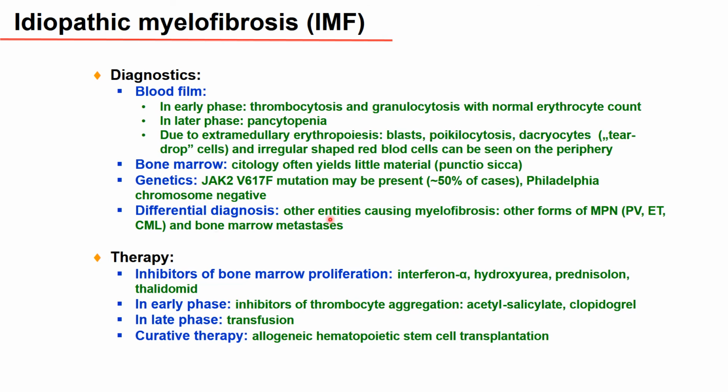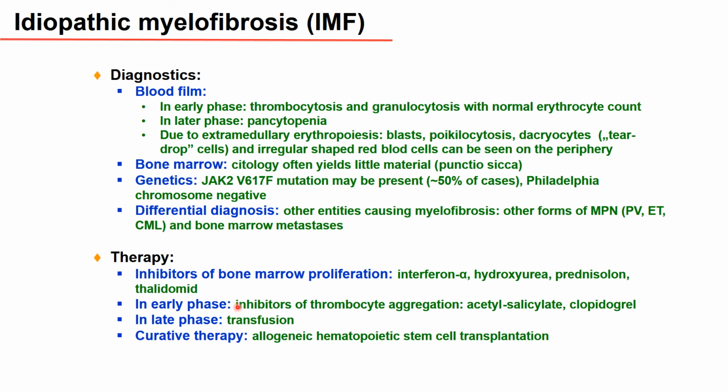And the differential diagnosis is very similar to the previous one. Polycythemia, essential thrombocytosis, and CML could be differentiated from this one. And for therapy, usually what they're using first are the inhibitors of megakaryocyte or platelet formation. This is hydroxyurea or prednisolone, steroids, or interferon alpha.